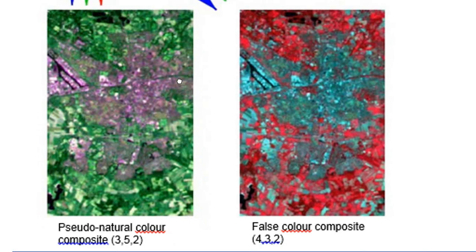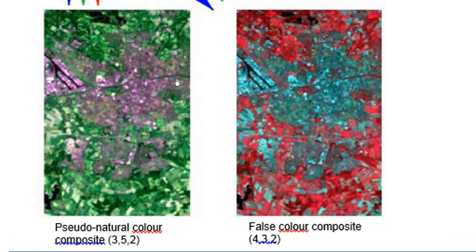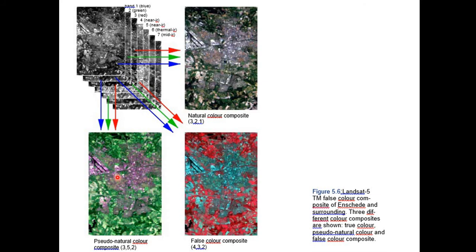So we apply pseudo natural color, where we enhance the color combination a little bit. We use the band numbers. Here we were using band numbers 3, 2, 1, that is 3 red, 2 green and 1 blue. And here in pseudo natural color we use 3, 5 and 2.